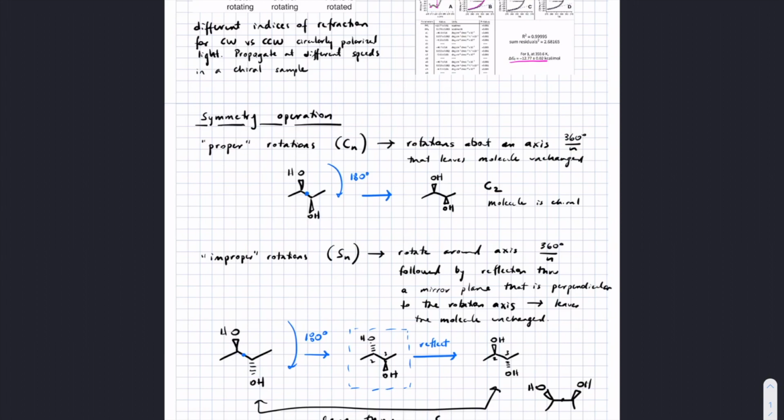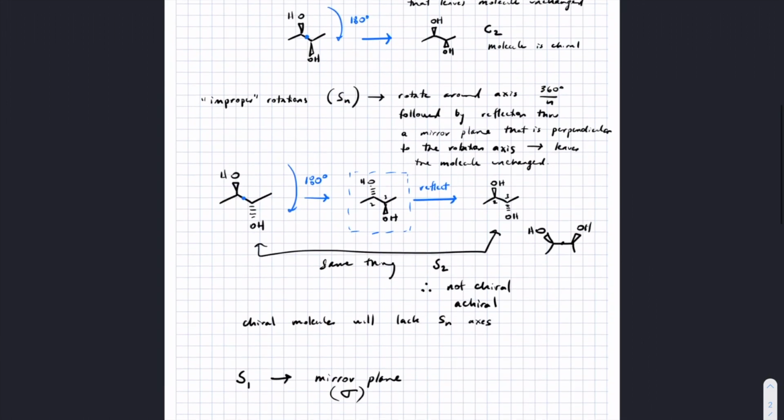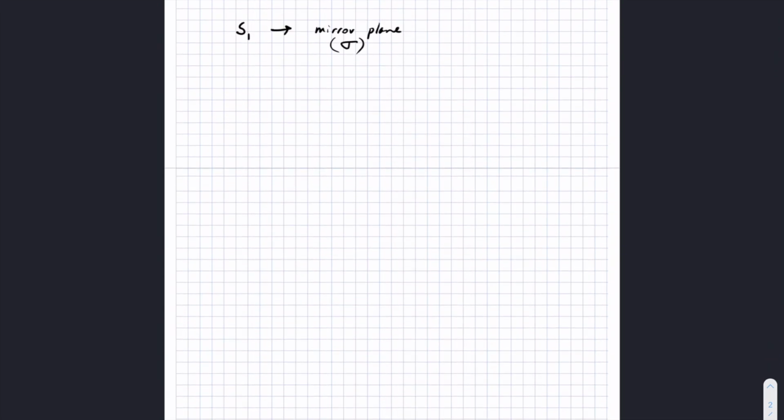So where this is really useful is deciding whether groups are equal or not in molecules, and whether various groups should have, say, the same chemical shift or the same properties or not. So we're going to introduce a term that you likely have heard before if you've taken the organic lab, and that is homo versus heterotopicity.